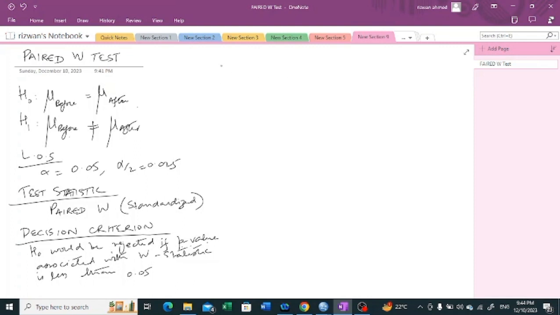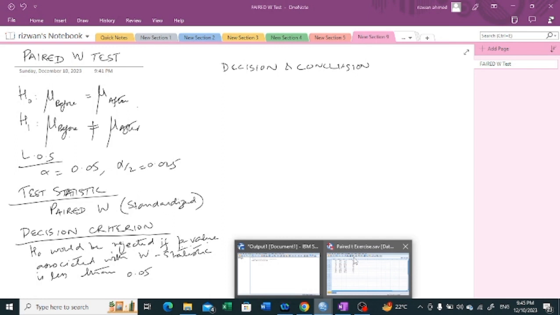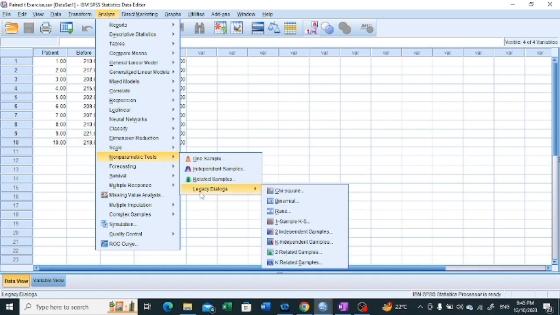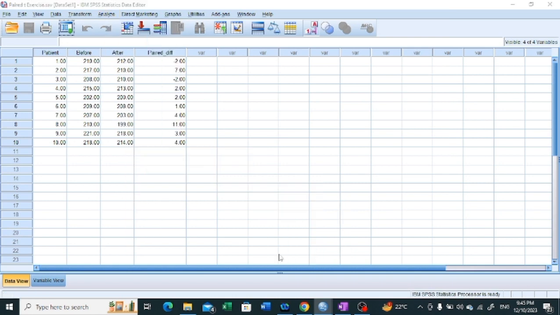Now we go for writing down the decision and conclusion, but before that we are going to perform this test in SPSS. This is Analyze, Nonparametric Tests, and we go for Two Related Samples.